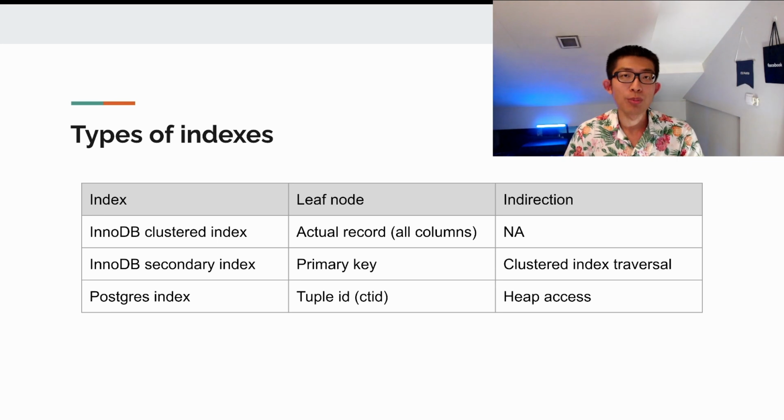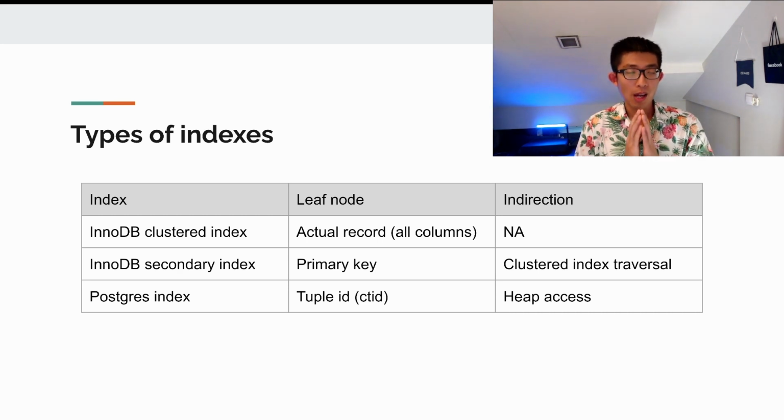Hence, the primary key is more stable than ctid. So you can say there's some design trade-off going on here. The fact that Postgres uses ctid speeds up the indirection, but it may incur some cost down the line. I hope this gives you a high-level overview of all the indexes available and their characteristics.